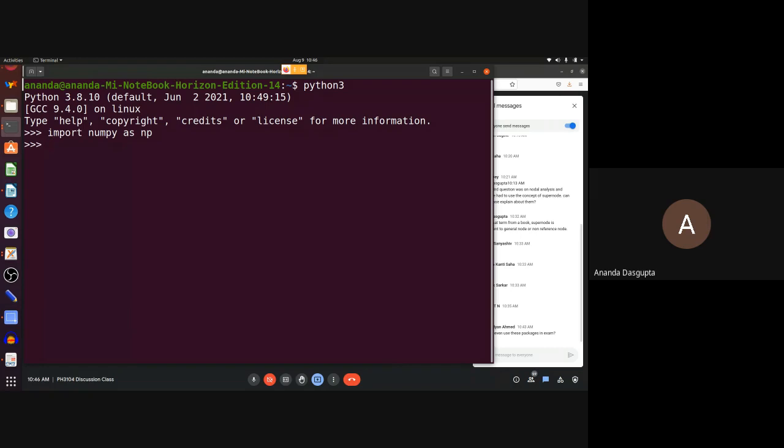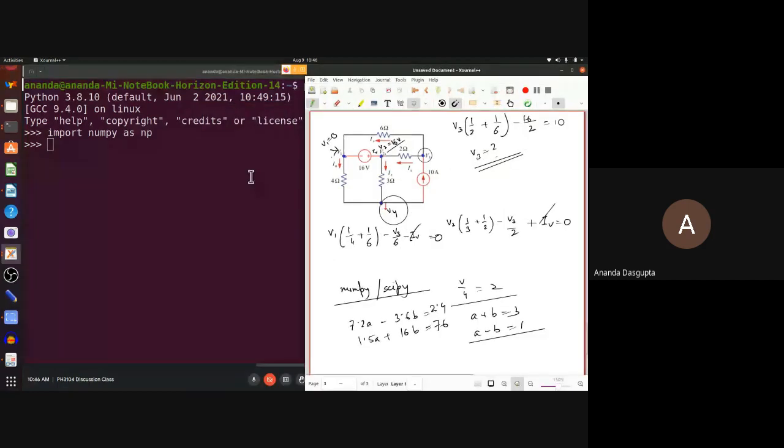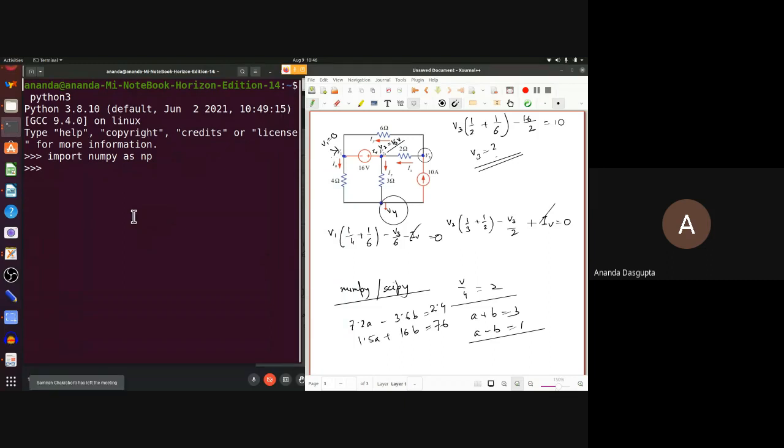So you import NumPy, you put these things. Now you can use many different techniques or many different modules here, but I'm just using the NumPy module. Let's say this equation. You want to use it. I will just need to produce a matrix, or if I'm using NumPy, I'm not even going to use a matrix version of NumPy, which I could. I would just put this in a NumPy array, which is 7.2.